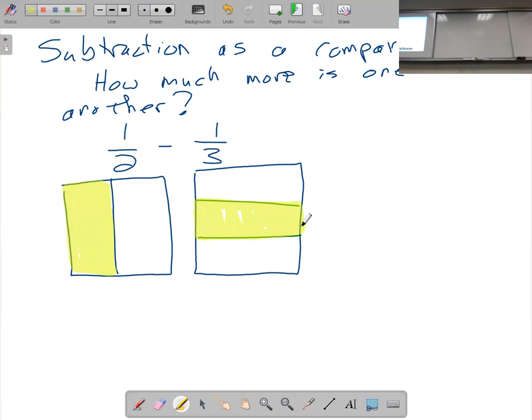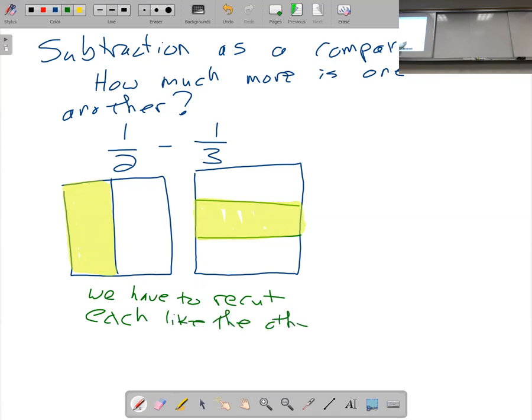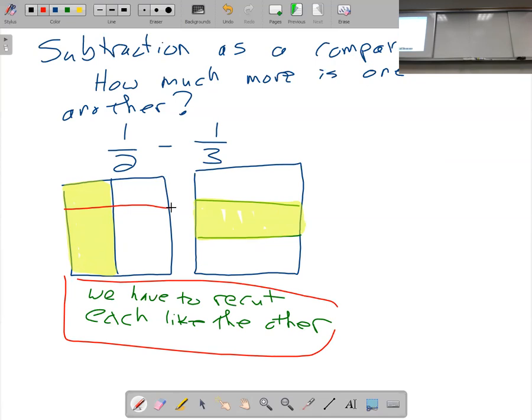So we have to recut. So let's go do that next. So we get the halves cut in thirds and thirds cut in half.